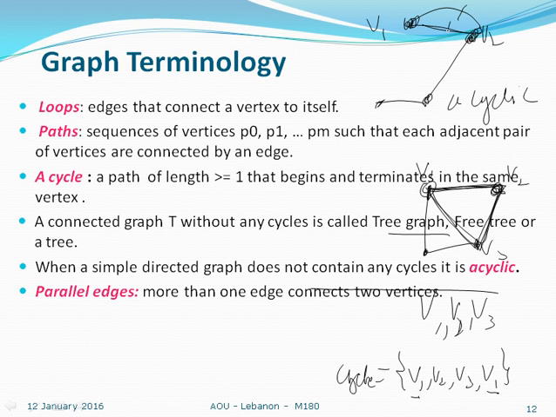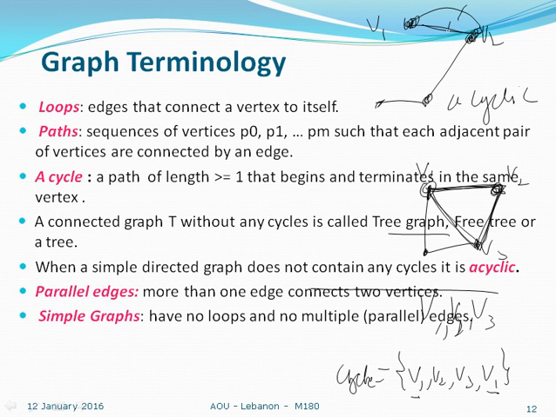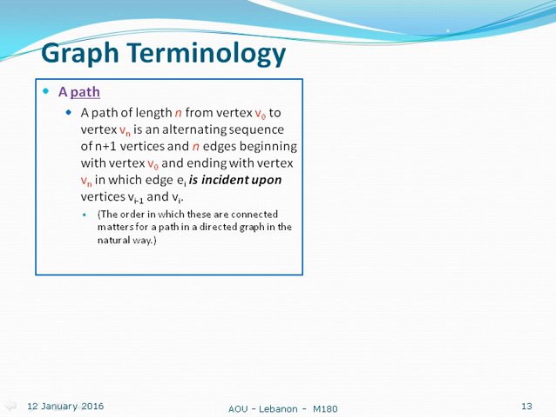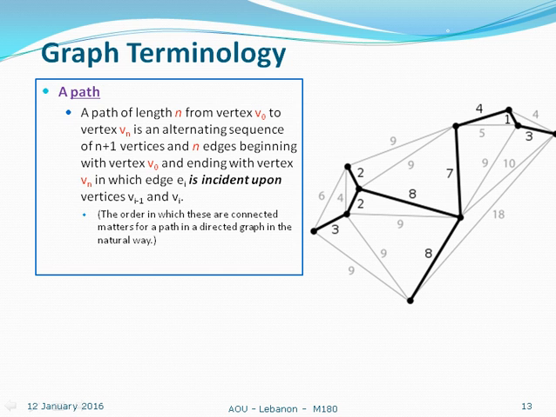A simple graph has no loop and no multiple or parallel edges. Then a path is again starting from a vertex and reaching a destination vertex, going through the incident vertices.